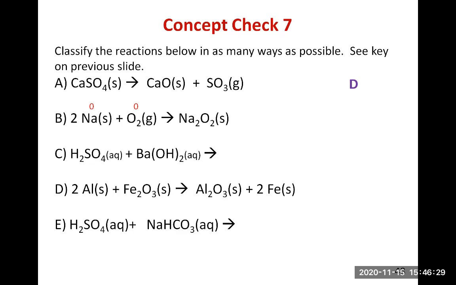And we can see that when they become Na2O2, the Na is becoming a cation of +1. And so each of the oxygens will be -1. So 2 Na plus and 2 oxygen minus will make this a neutral formula.